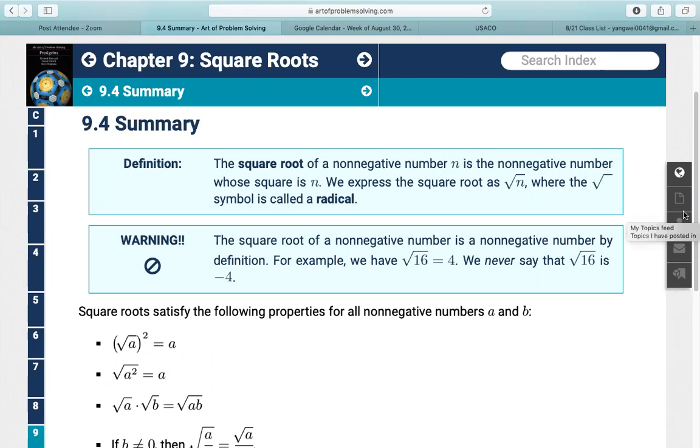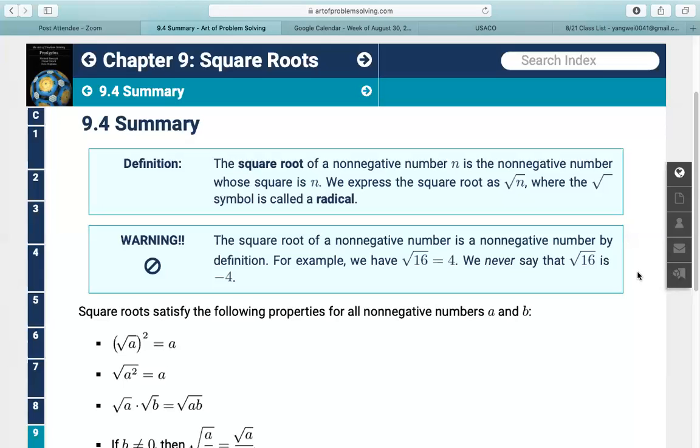So today, because we already finished chapter 9, I want to summarize chapter 9 first. After that, we'll go to chapter 10. Wait, for last time's homework, was it only 4 problems?